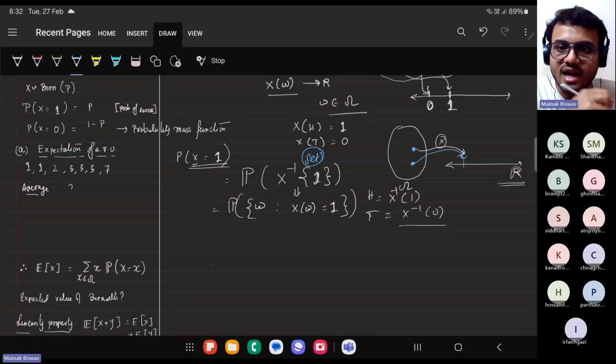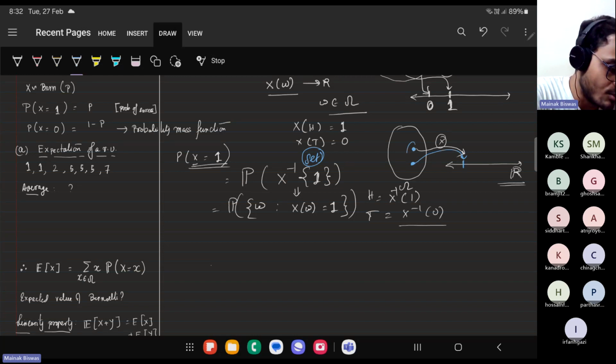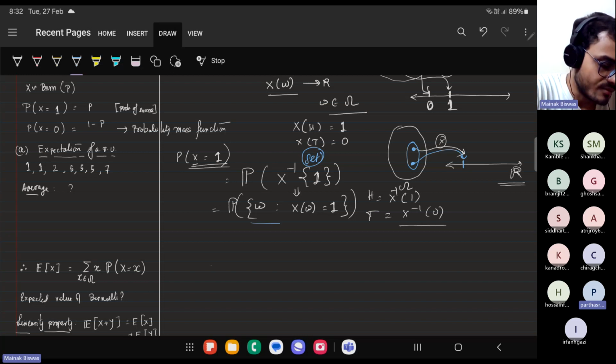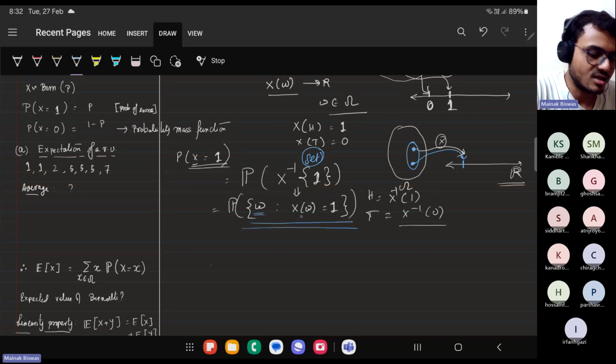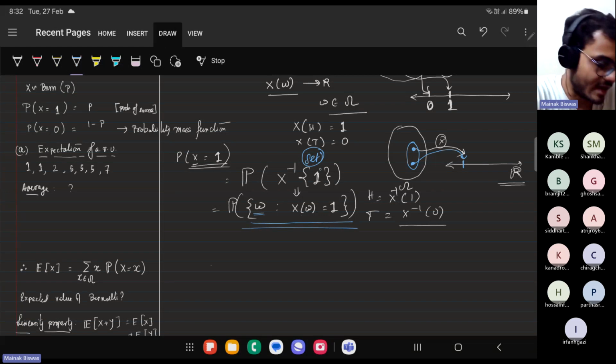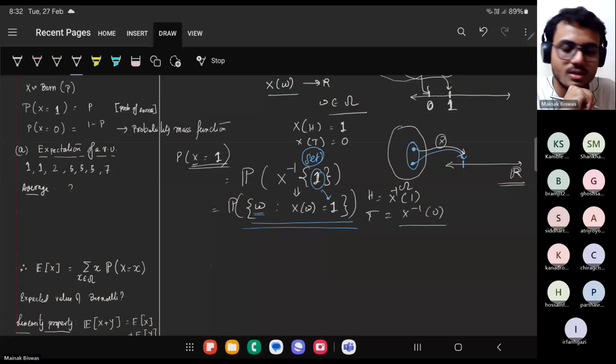Yes. So in that case, the inverse operation will contain both of these. And the probability will be the union of those. Correct. That's why I have written events. It's the set containing all those events such that X of the event is equal to the output value, whatever you have got.